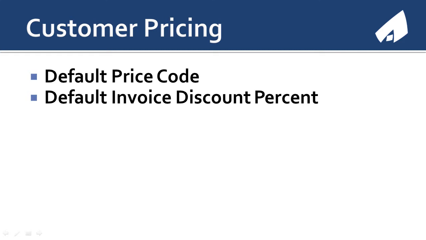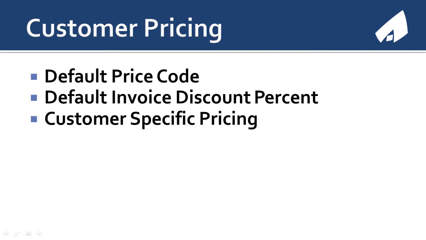The default invoice discount percent tells ACCTivate to add this as a discount on the header of the sales order, which will discount the entire amount rather than line by line. We do have an option in Configuration Manager to exempt shipping items from the invoice discount percent in case those shouldn't be included.